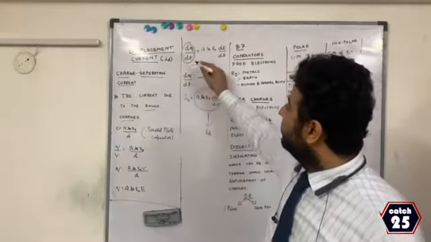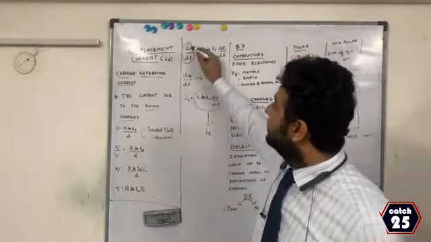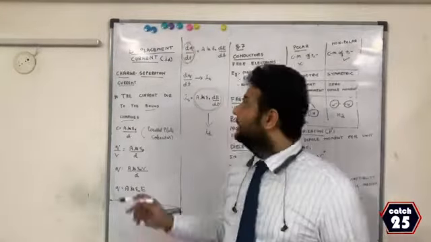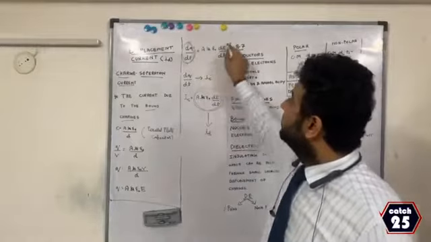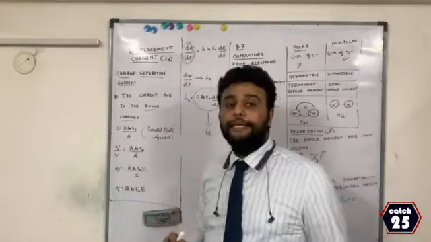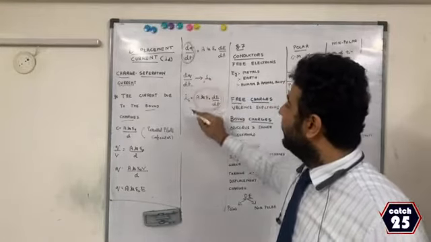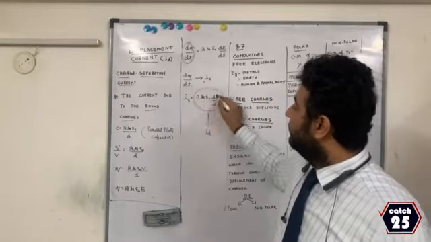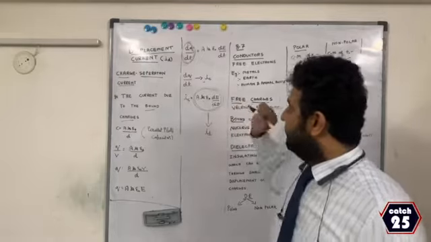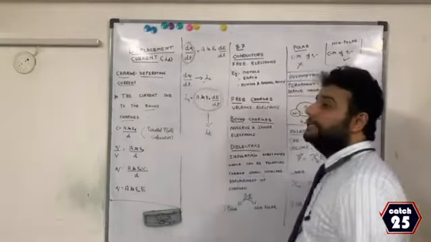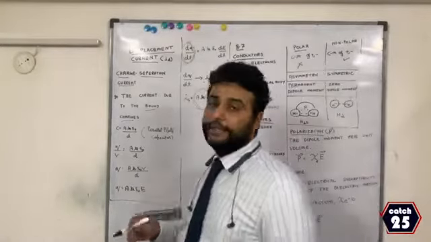This particular term represents conducting current IC, and this particular expression represents displacement current ID. Instead of dQ by dt, I write IC. IC is equal to AK epsilon naught dE by dt, which is ID. This is the derivation.